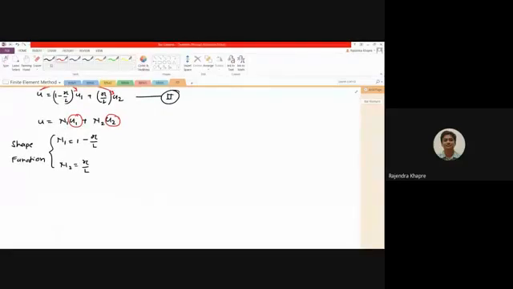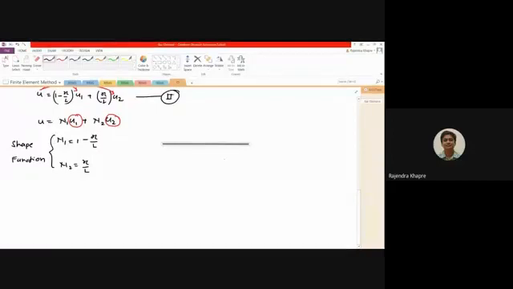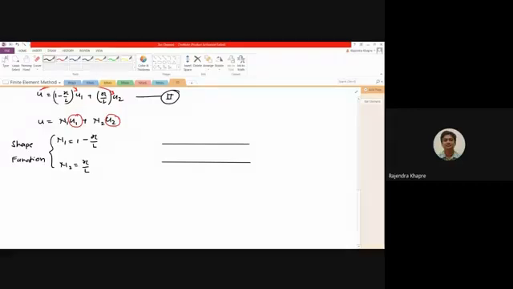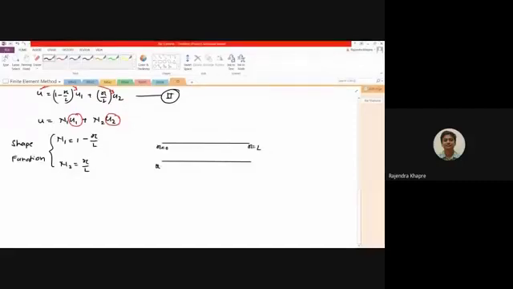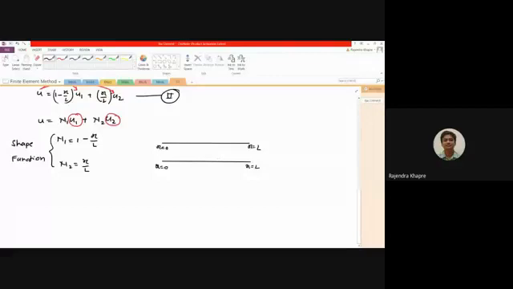Let me draw a straight line over here. This is a straight line for n1 and this is another straight line for n2. Let me draw one more line over here. Here we have x equals 0 and here we have x equals L. Here also we have x equals 0 and here also x equals L. Now in the n1 equation, if you substitute x as 0, you are going to get the value of n1 as 1.